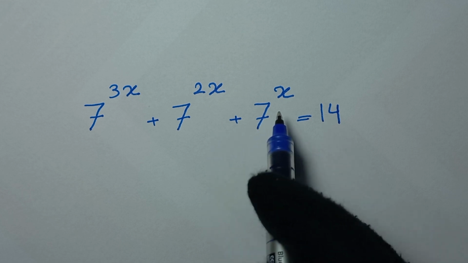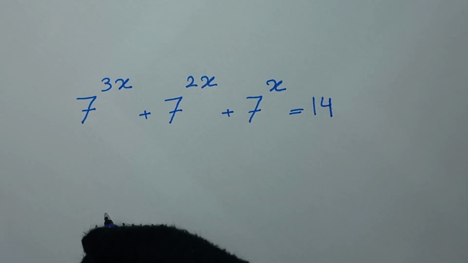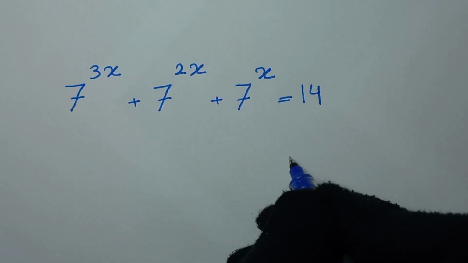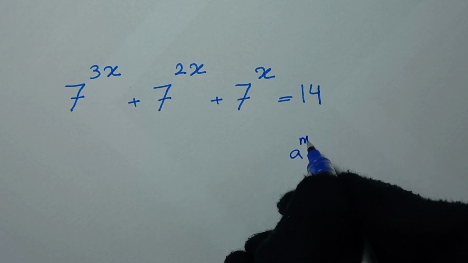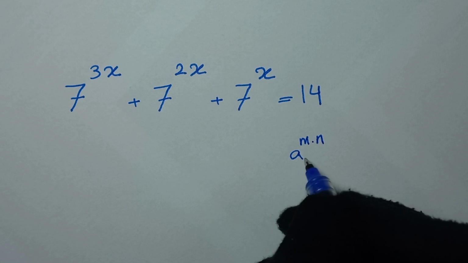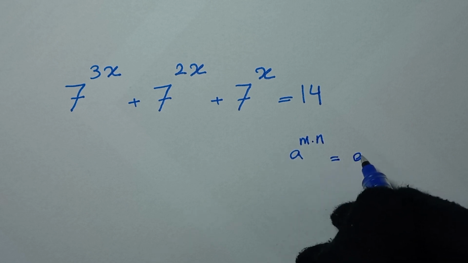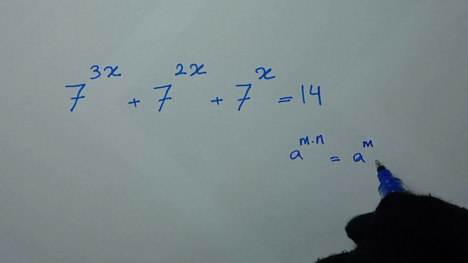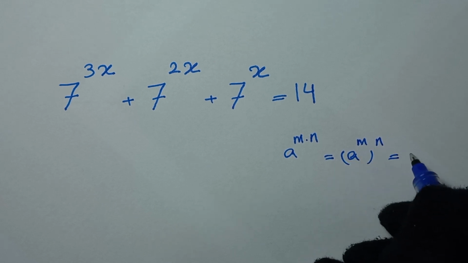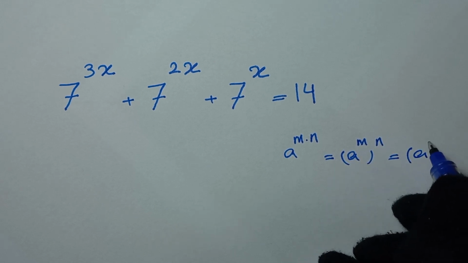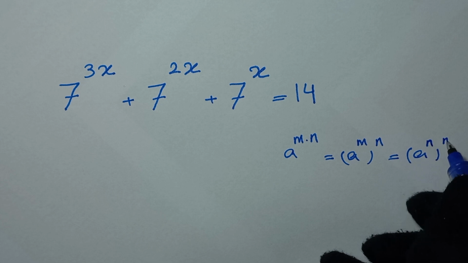In the first step, as you know, if we have a to the power of m times n, we can write this as a to the power of m to the power of n, or we can write this as a to the power of n to the power of m.